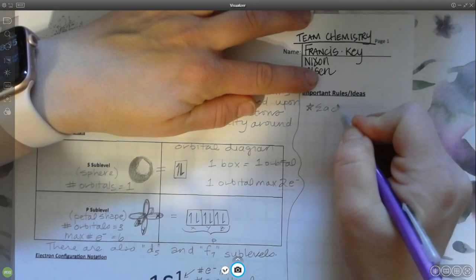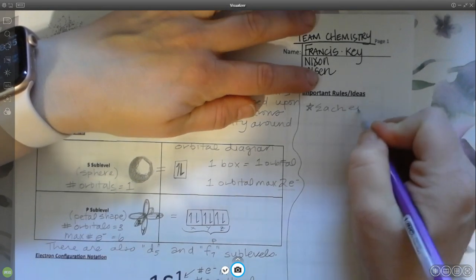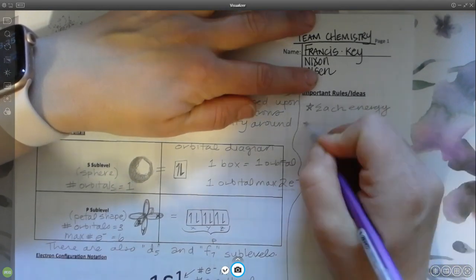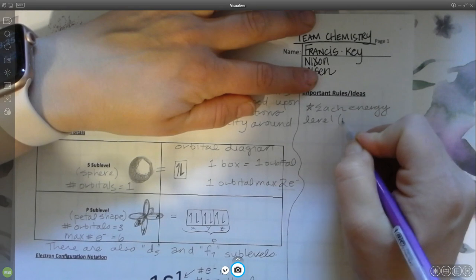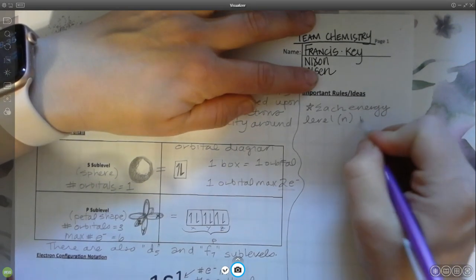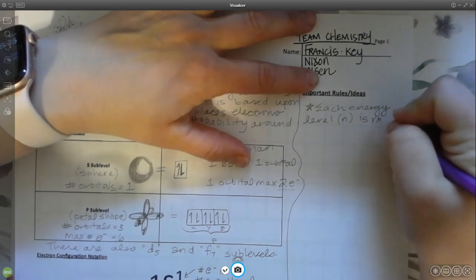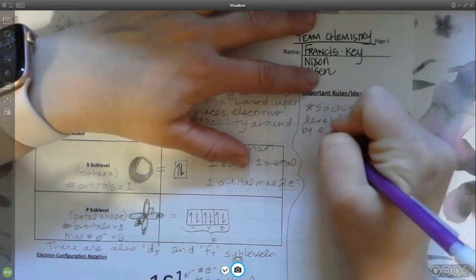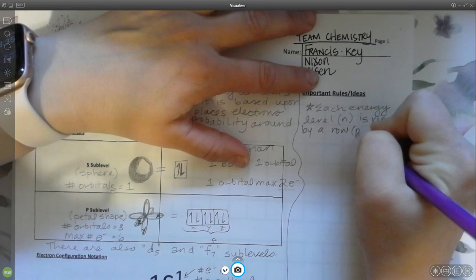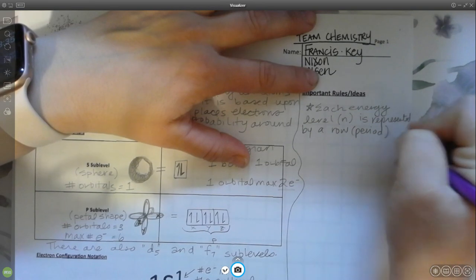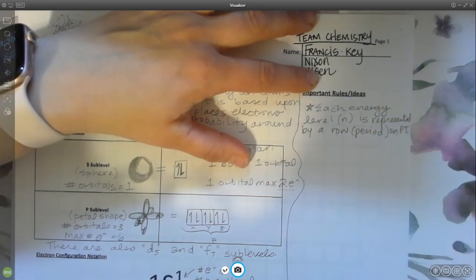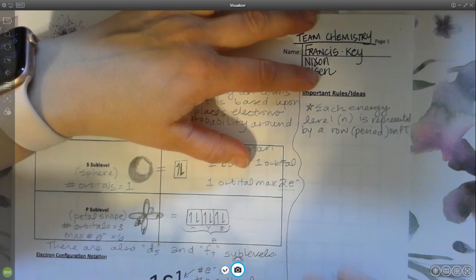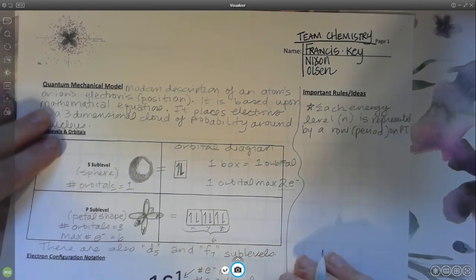So the first idea or rule is each energy level, which we'll represent as N, is represented by a row, which we call a period, on the periodic table. Okay, so each row is going to be an energy level.